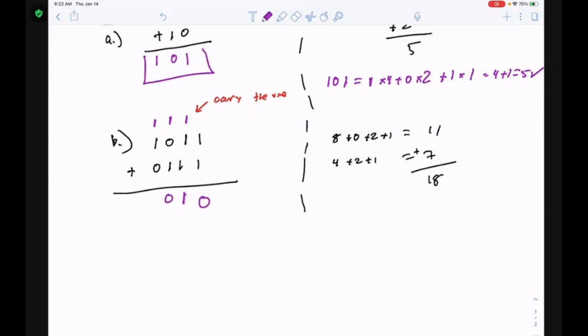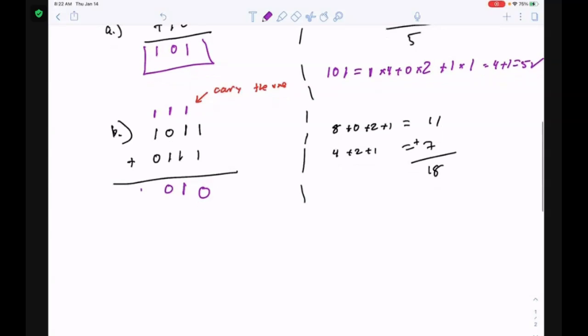And then now I get 1 plus 1, which is? 10. And there's no more others, so I have 10. So my answer is 1, 0, 0, 1, 0. That's the same thing as 16 plus 0 plus 0 plus 2 plus 0, which is 18.